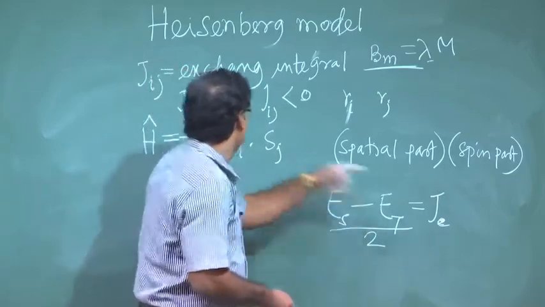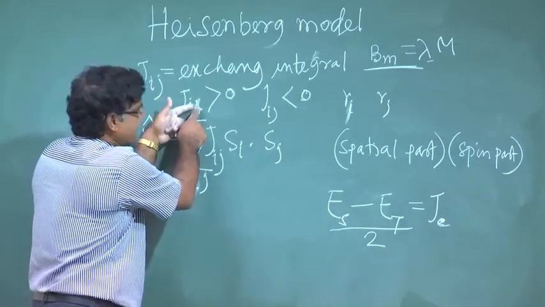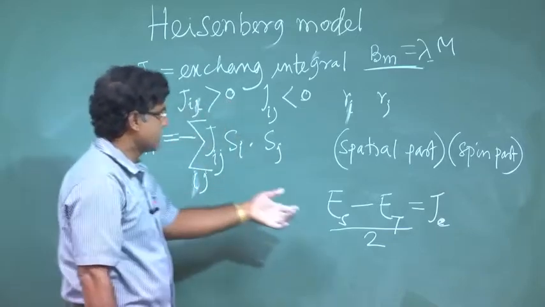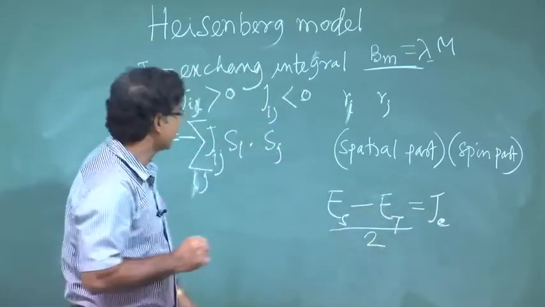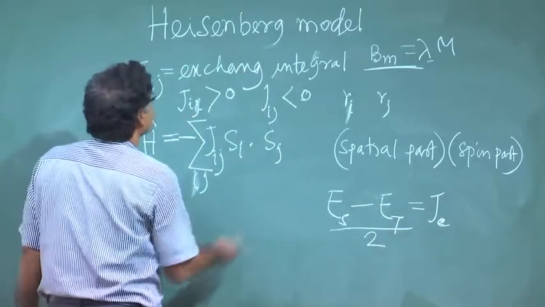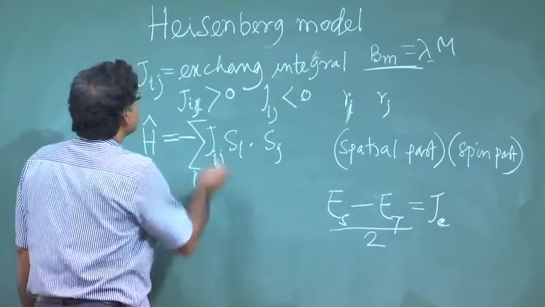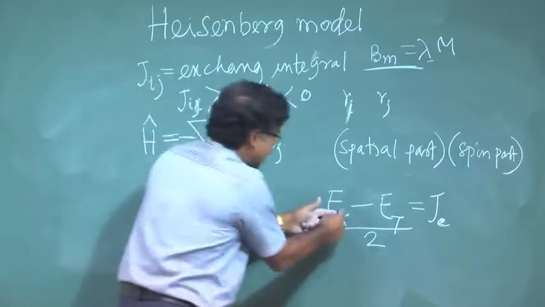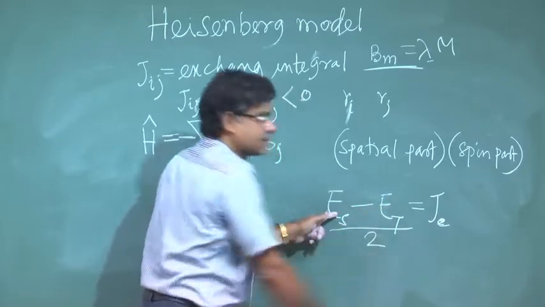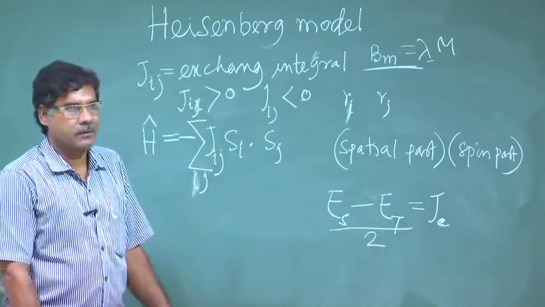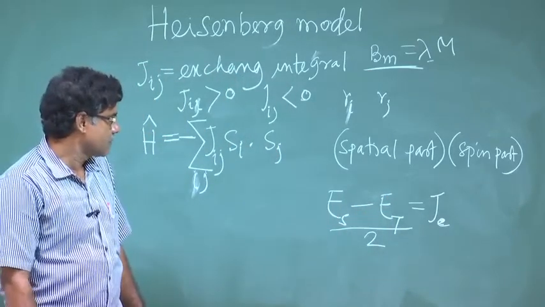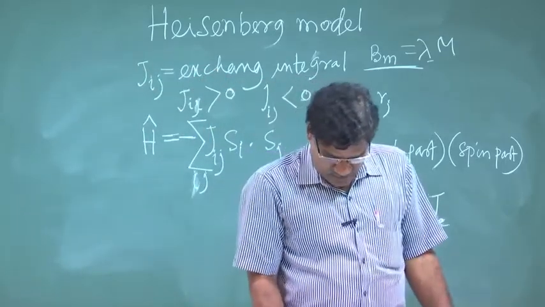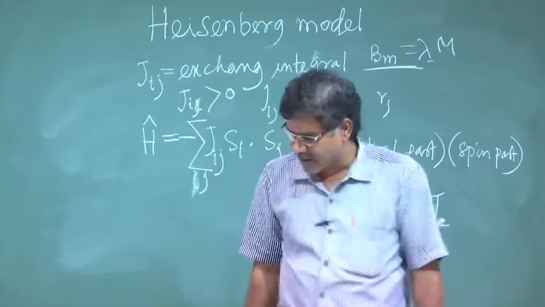Okay. So, now what is the meaning of that? J is greater than 0. This is the average exchange energy if I take, and it is constant. In that case, it is greater than 0 means Es is greater than Et. It is positive means Es is greater than Et. I think I have written correctly.